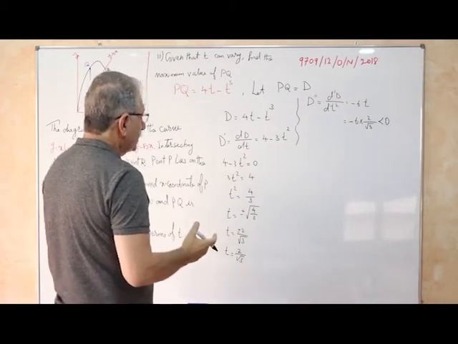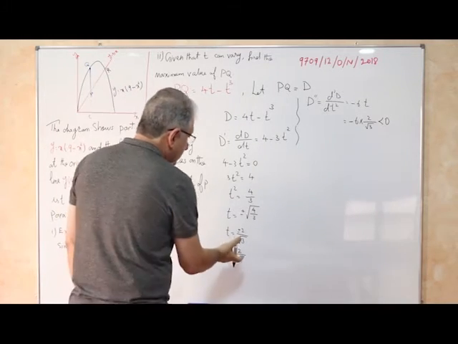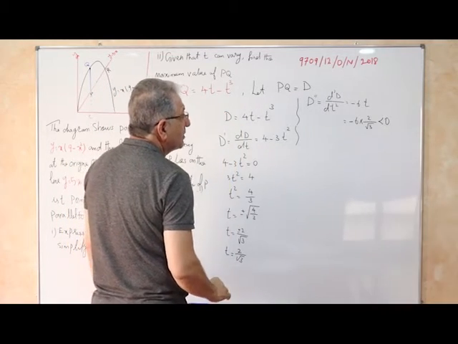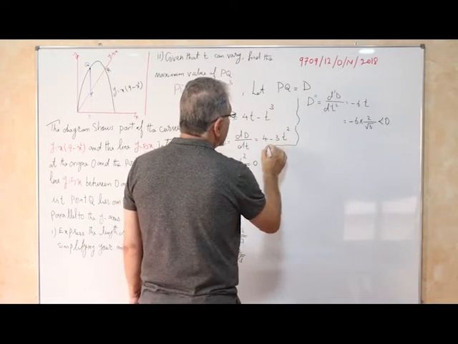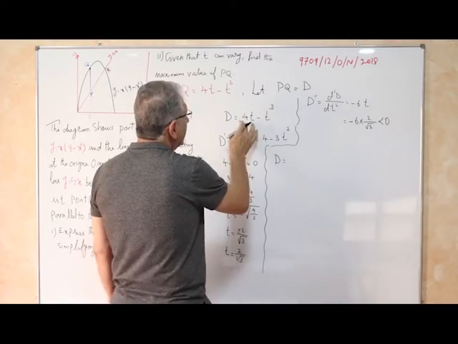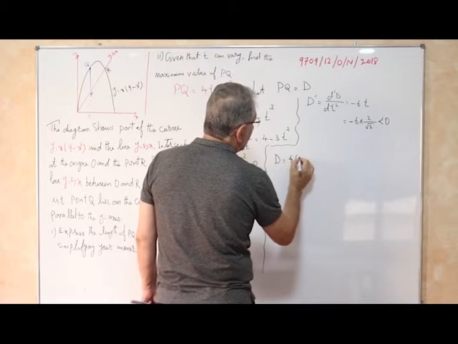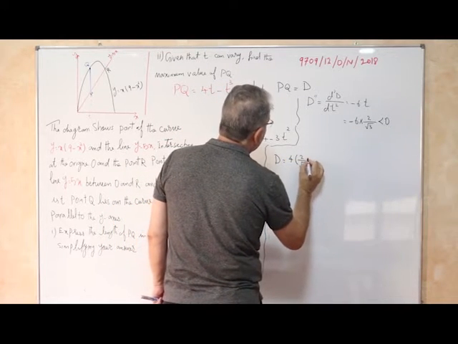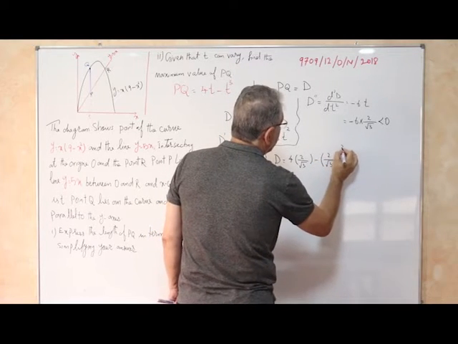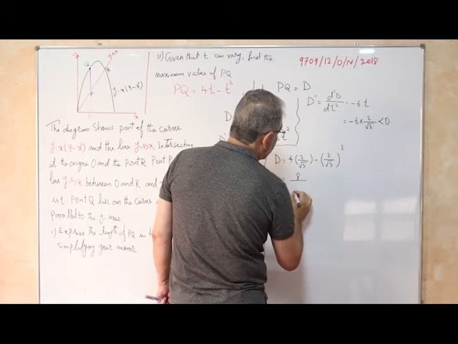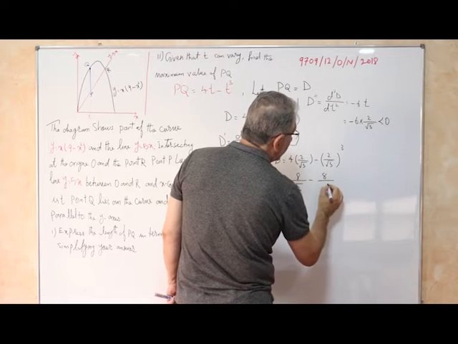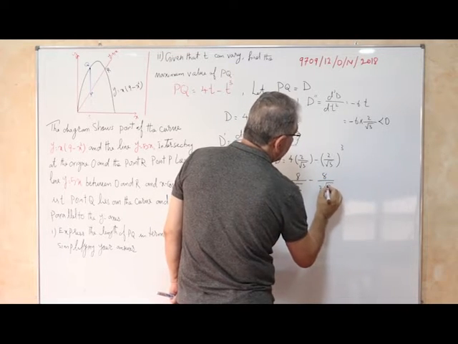Now let us find the maximum value. It is sufficient to put this inside this function to get D. That will be the maximum value of the function which we are searching for. Therefore, D will be equal to 4 times 2 divided by the square root of 3, minus 2 divided by the square root of 3 to the power of 3, which is 8 over the square root of 3 minus 8 over 3 square root of 3.